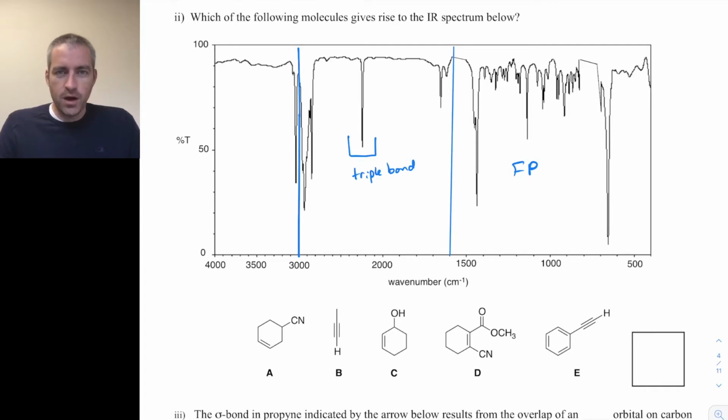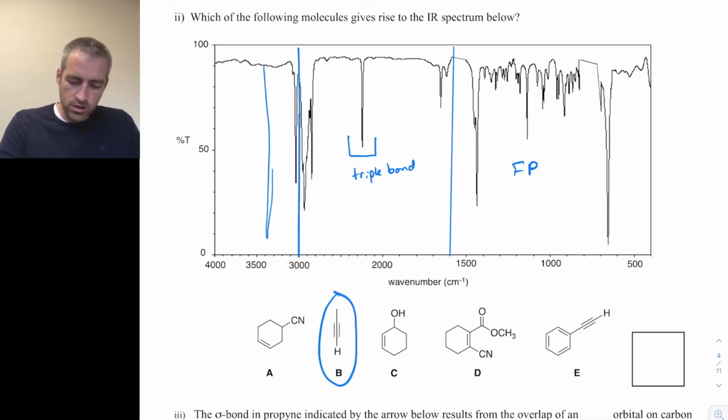If that was a carbon-carbon triple bond that was part of a terminal alkyne, like B, then what you'd also expect to see is out around 3300, a very strong, sharp peak around the same place you find an OH, but not broad like an OH. We don't see that here, so we know this can't be a terminal alkyne, so we know B is kind of off the table here.